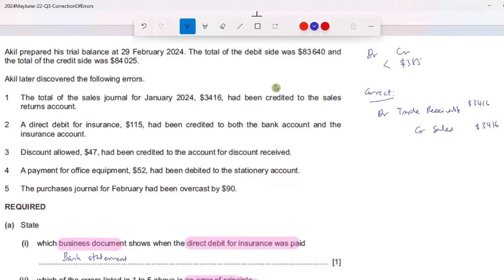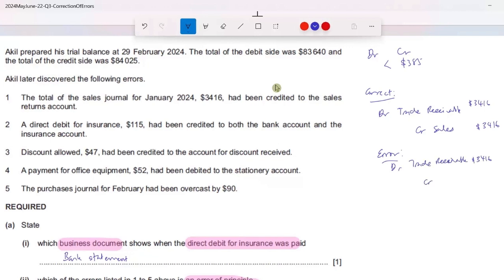Now they have an error. The error they have done was to credit sales returns. So the error done was debit trade receivable, and they have credited sales returns.